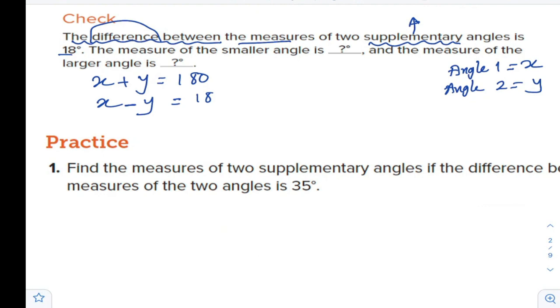What are the angles? This is the best way to solve this exercise in my opinion. Now it turns into a system of equations. صار نظام معادلة بمتغيرين x and y, and you can solve it using elimination or substitution. So in this case, we can notice that we can add to eliminate the y.